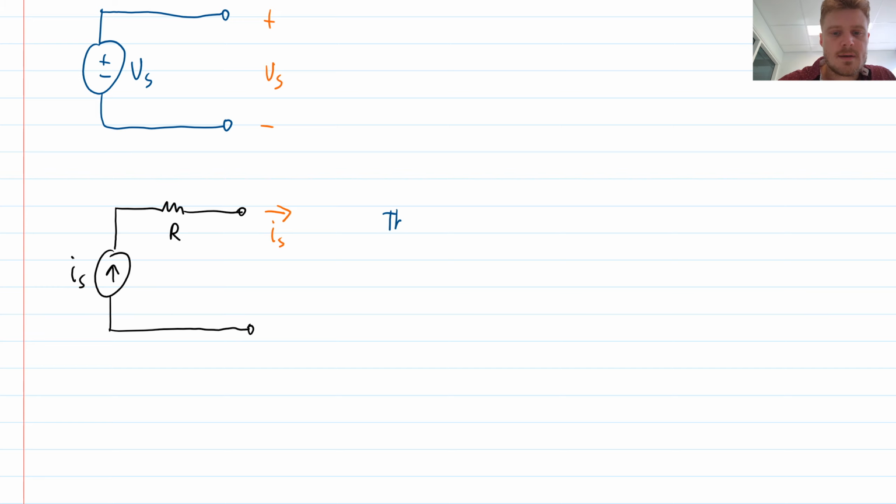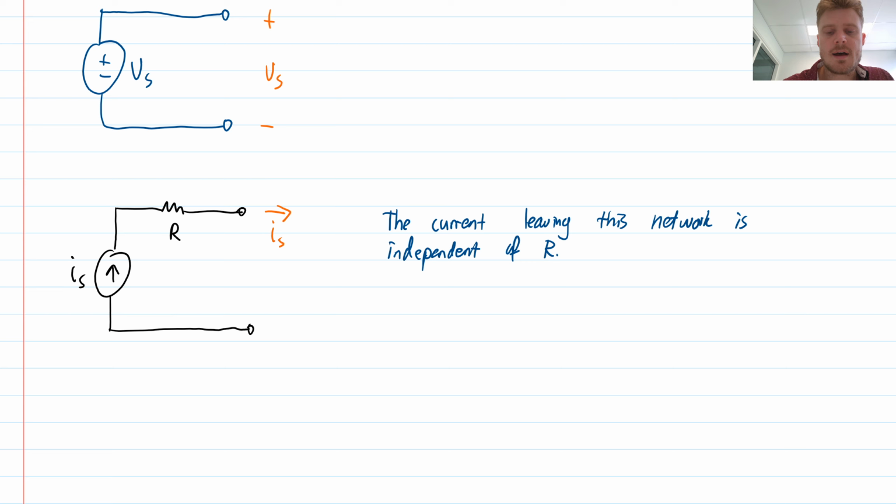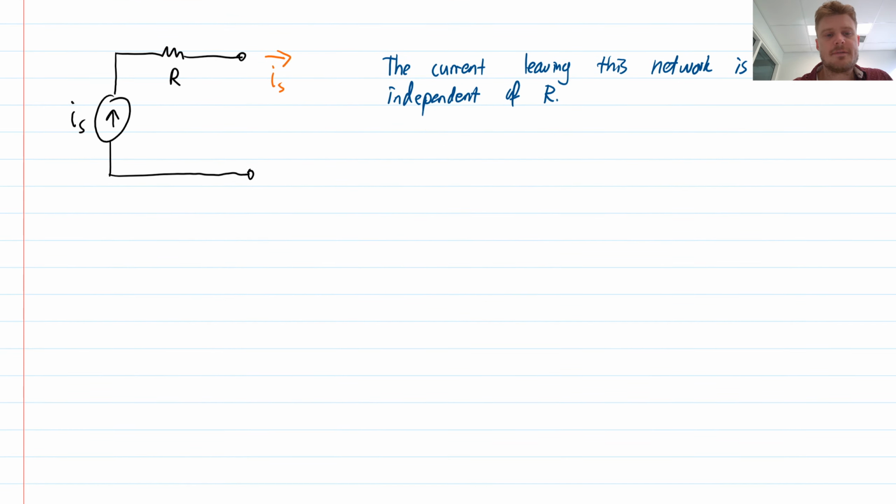So here, the current leaving this network is independent of R, which means that if I don't care about the power that is dissipated in this resistor, if the problem is not asking me anything about that resistor, I can actually simplify this circuit and delete the resistor because it has no impact.